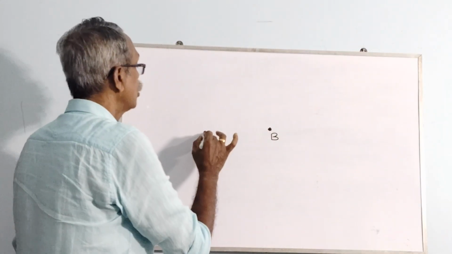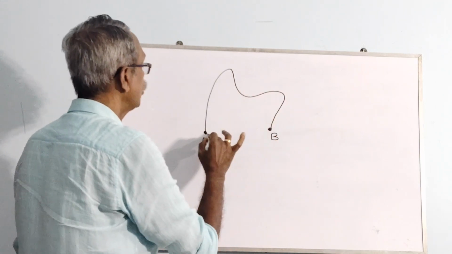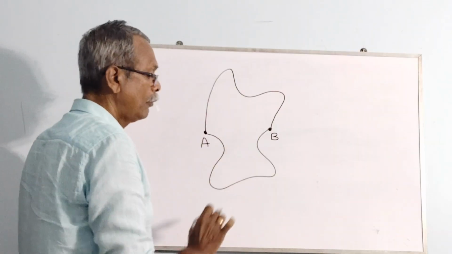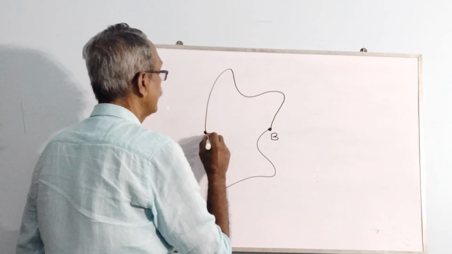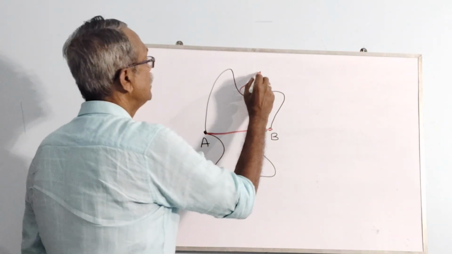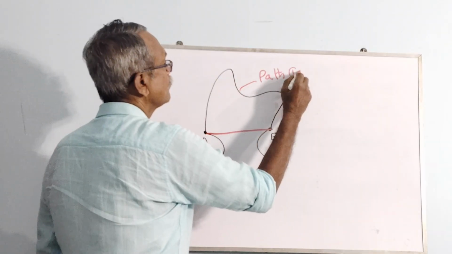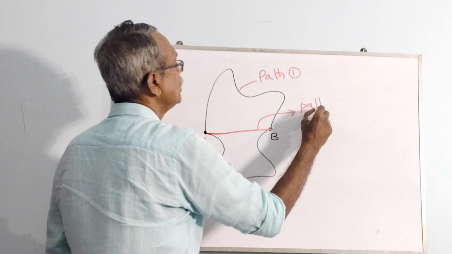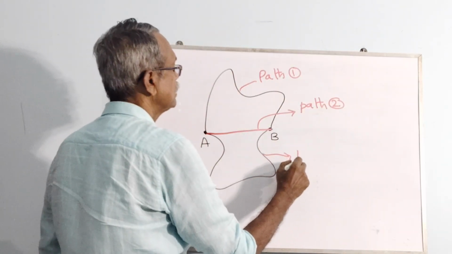I can go from A to B like this. I can go from A to B like this. I can go from A to B like this. This is path 1. This is path 2. This is path 3.